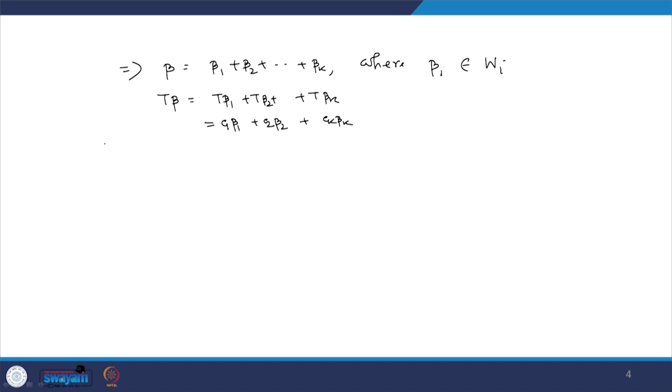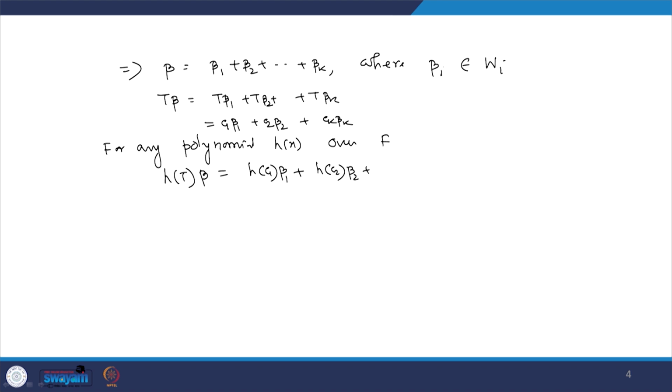In general, for any polynomial H of x over the field capital F, H of T operating on beta will be H of C1 beta 1 plus H of C2 beta 2 plus H of Ck beta k, and it will be in your W.